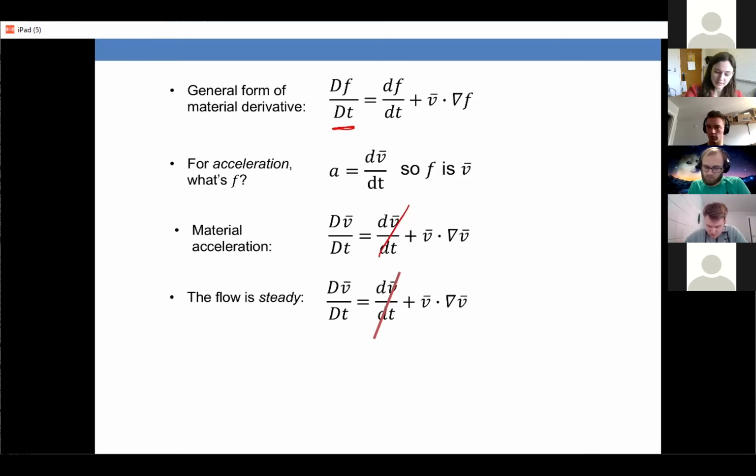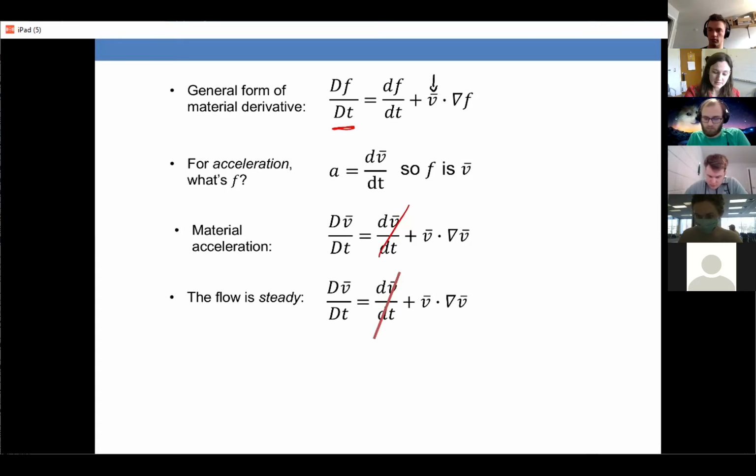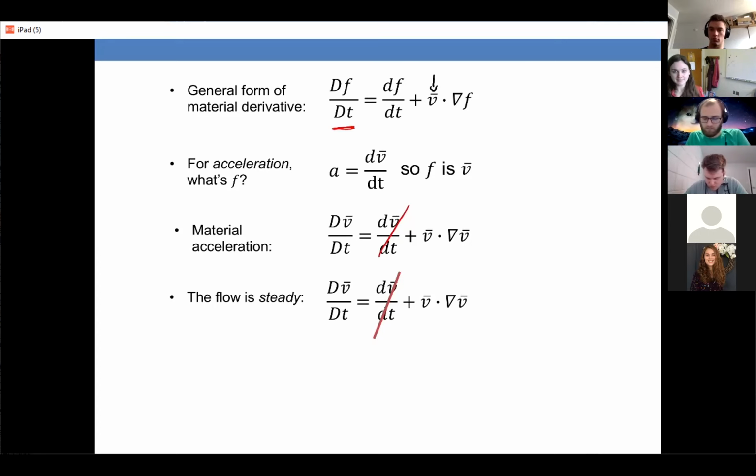The particle is moving at some velocity v, and that velocity tells you what direction our particle is moving. Let's use temperature again. Let's say temperature is 200 right here, and that it's 300 right here. If I am moving in this direction, my temperature is going from 200 to 300.